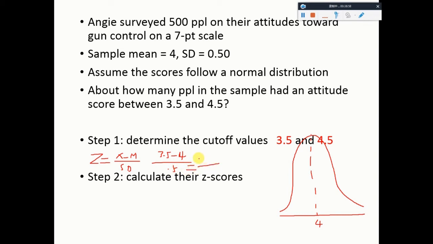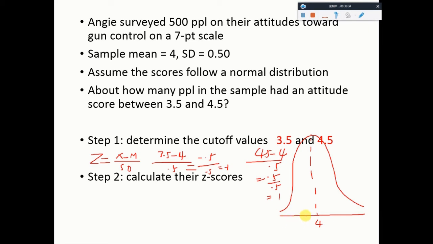So it's negative 0.5 divided by 0.5, that's negative 1. And we calculate the second z value for 4.5: 4.5 minus 4, so that will be 0.5 divided by 0.5, that's exactly 1.